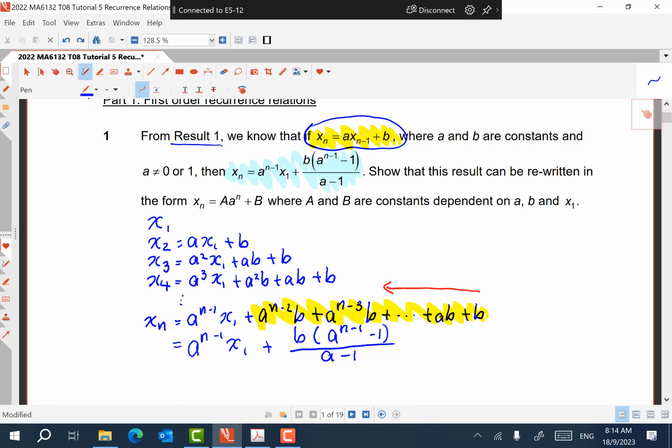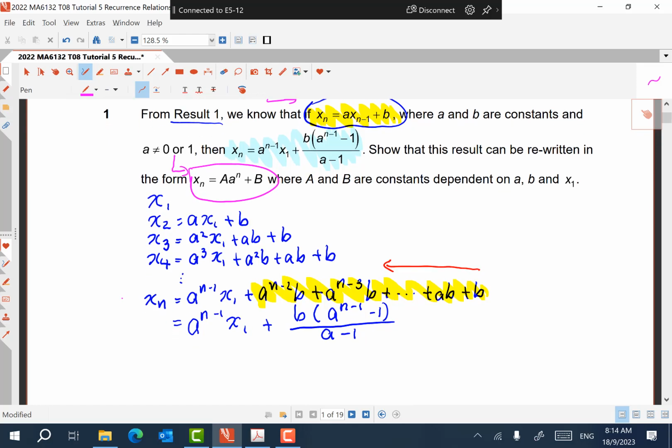I highlighted to you that whenever the recurrence relation is of this nature, the solution will look like this. I told you to just believe. I gave you some calculation to make you believe, but now we are going to formalize it. How we can obtain the purple circled portion.